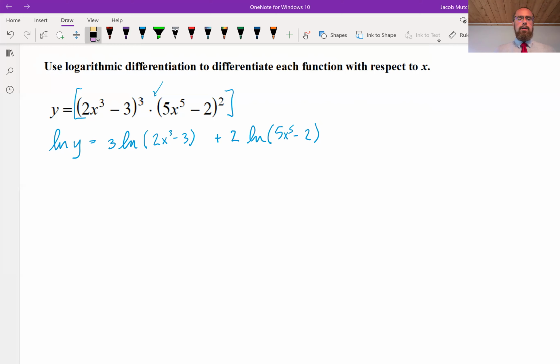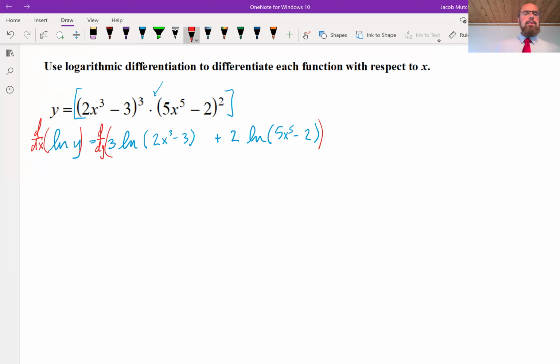Now I want to implicitly differentiate both sides. So I'm going to put dy dx on both sides of the equation. So again, I'm going to start there with the left side.